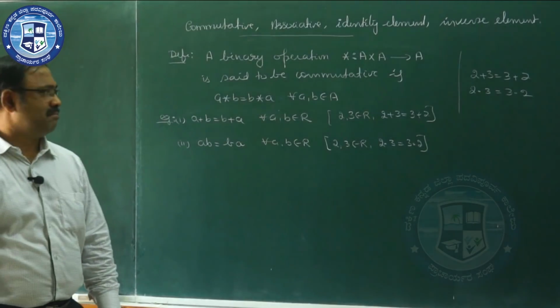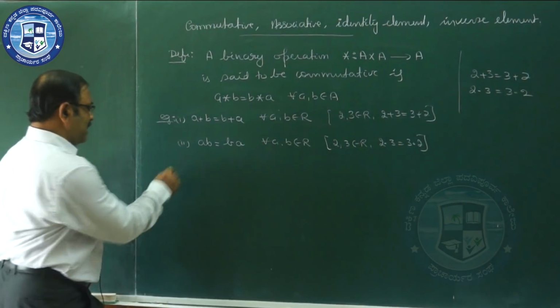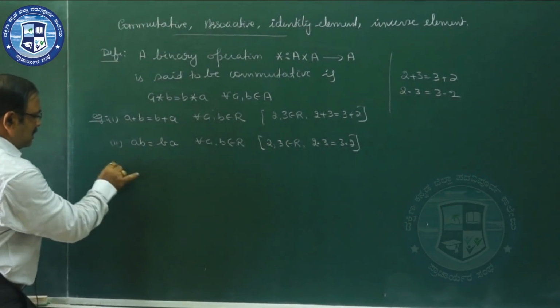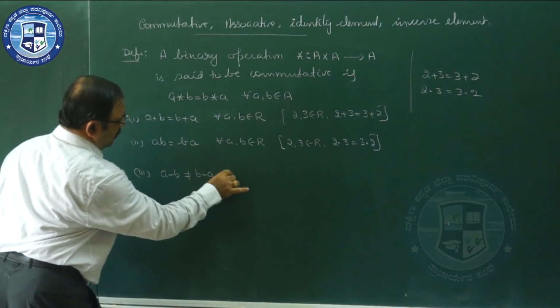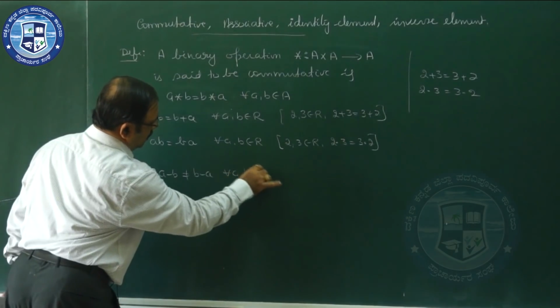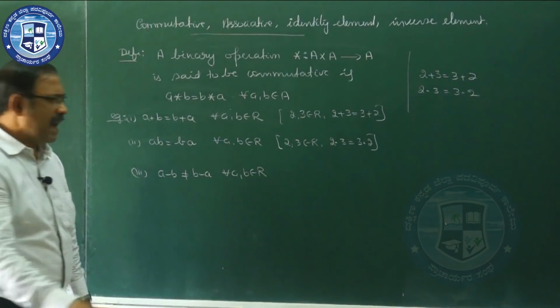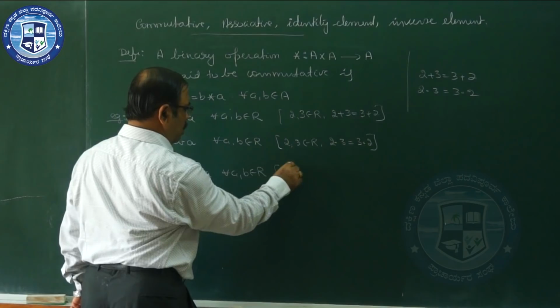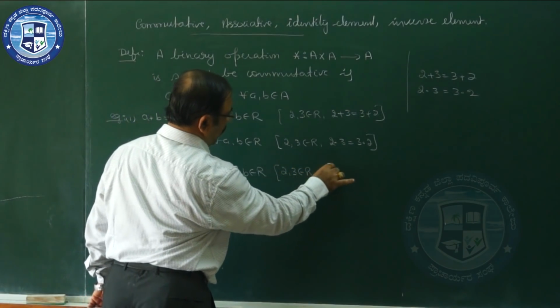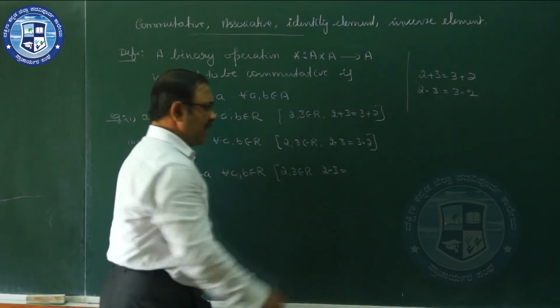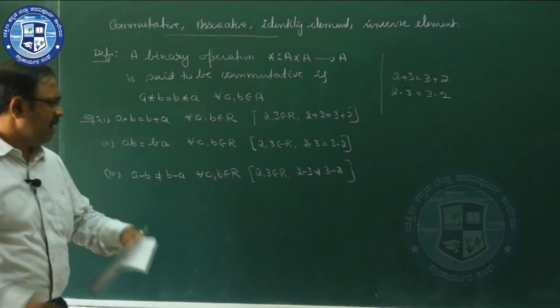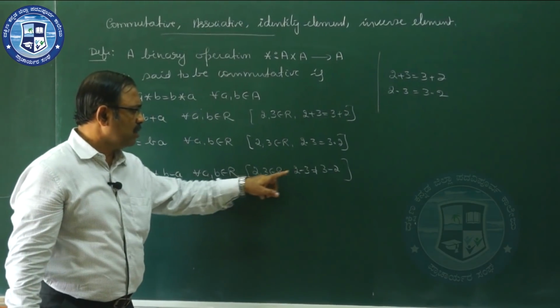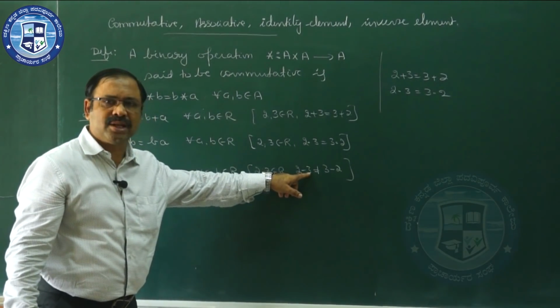What about subtraction? A minus B is not equal to B minus A for all A, B belonging to R. As an example, 2, 3 belonging to R: 2 minus 3 is minus 1, correct?